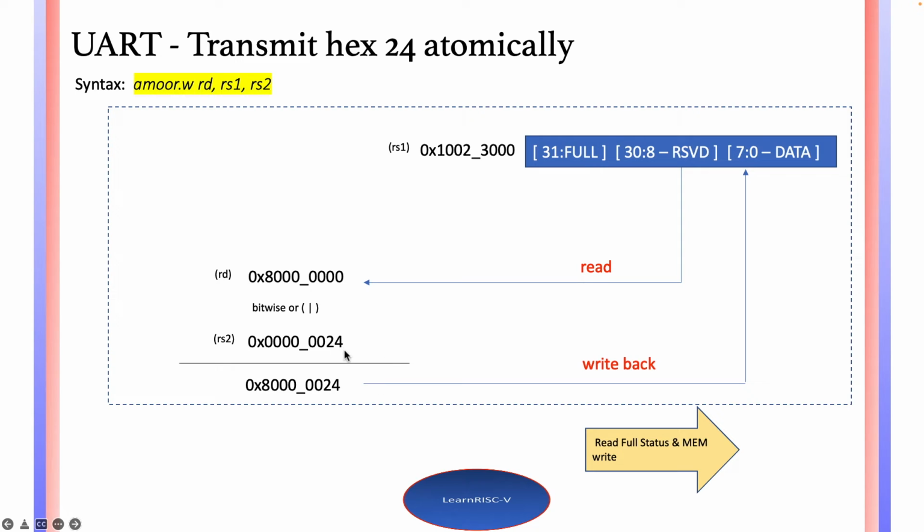Okay, so what this AMO instruction has done is that it has grouped the read of the full status and the memory write as one single instruction, which cannot be broken down further. That's it. Now, as I mentioned before, if the sender wants to know if the data has been sent or not, it's very simple.